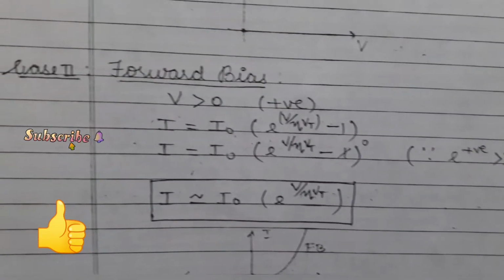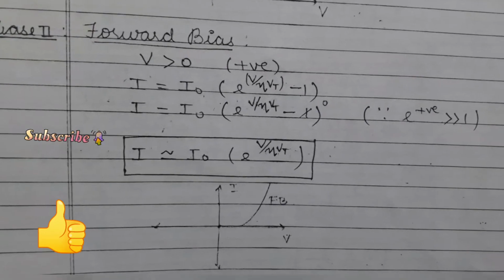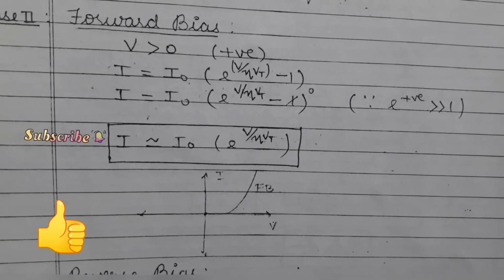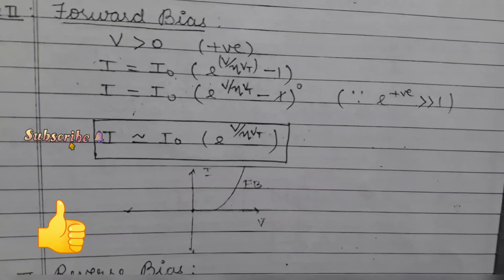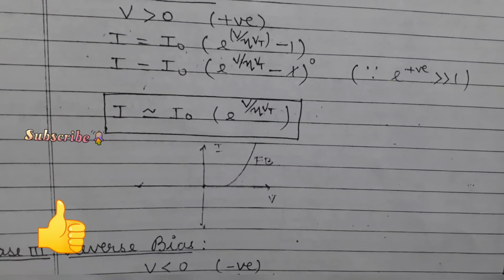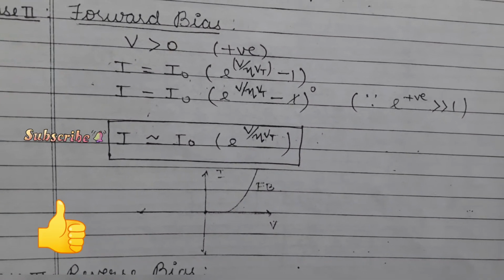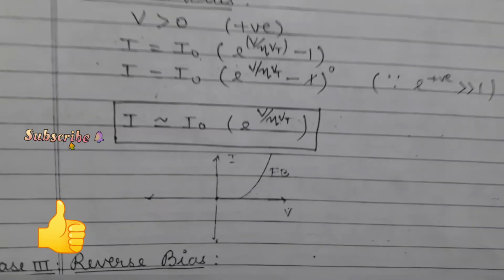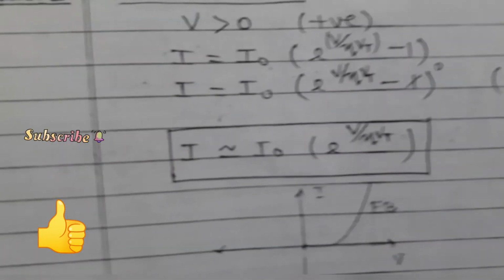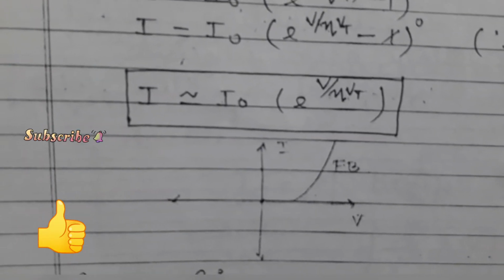Case 2, forward bias: V is greater than 0, I equals I naught e to the power V by eta Vt, since e to a positive power is greater than 1. This is the IV characteristic, and after the knee voltage, the threshold voltage, the current increases.